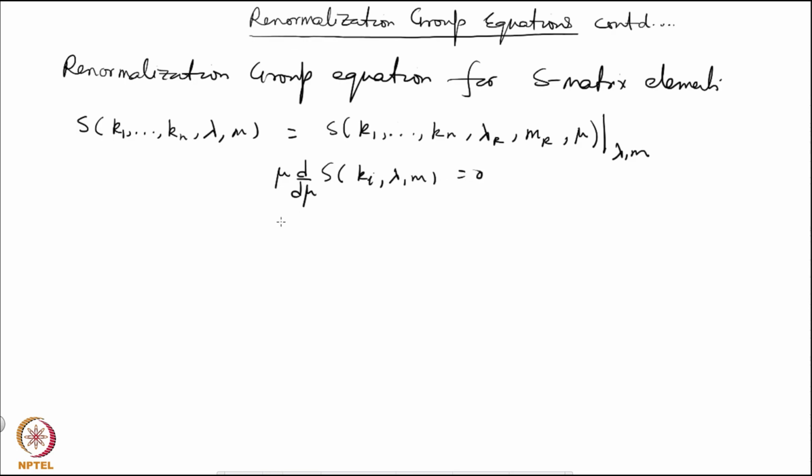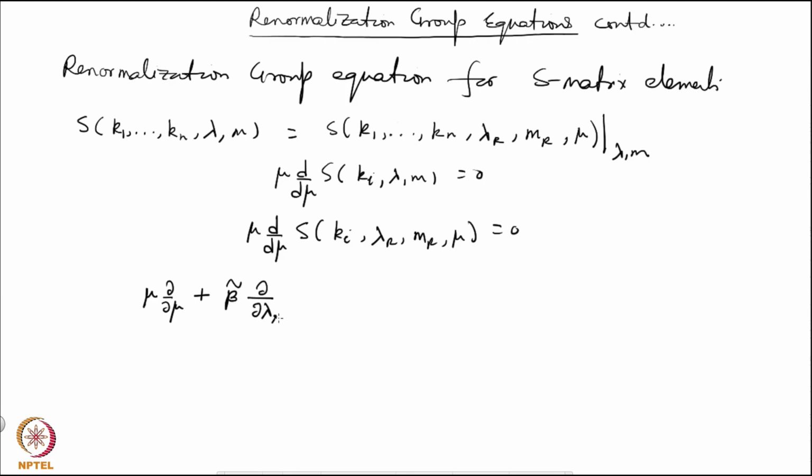This is 0, which means that mu d/d mu of the same object written in terms of the renormalized quantities is also 0. And you can turn this total derivative into partial derivatives as we did earlier. So you have mu del/del mu. This is when you are changing only mu, and then other things should change appropriately so that this relation is satisfied.